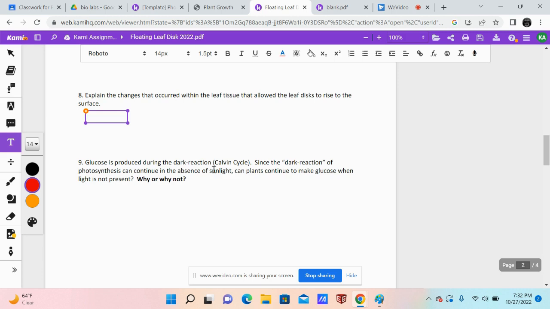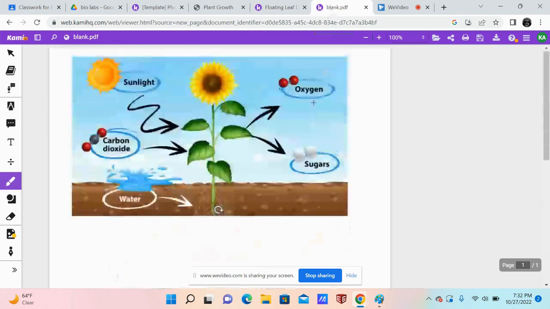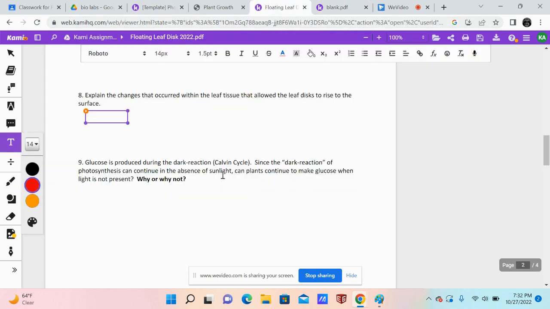But when photosynthesis occurs, whoop, oxygen gas is created. So for this one, you're going to put the leaf discs floated because oxygen filled the spaces in the discs.